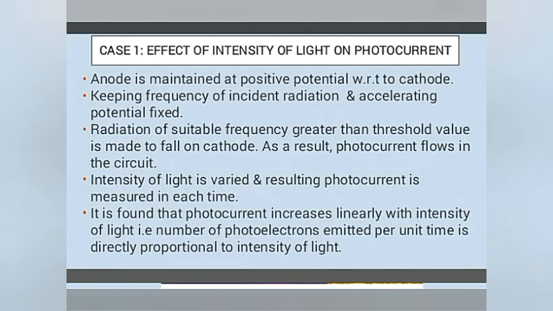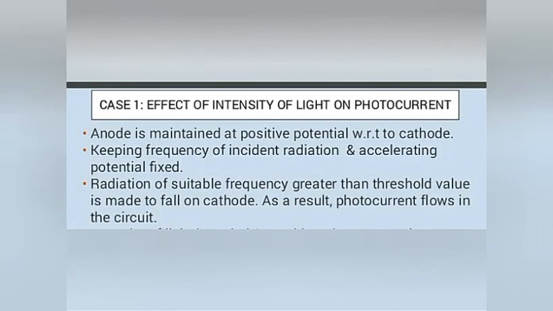The procedure is as follows. First, the anode is maintained at positive potential with respect to the cathode. Next, radiation of suitable frequency greater than the threshold value is made to fall on the cathode. As you know, for photoelectric emission, the frequency must be greater than the threshold value.